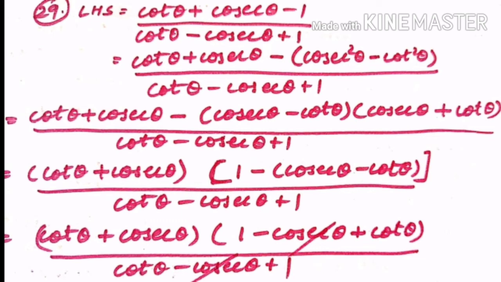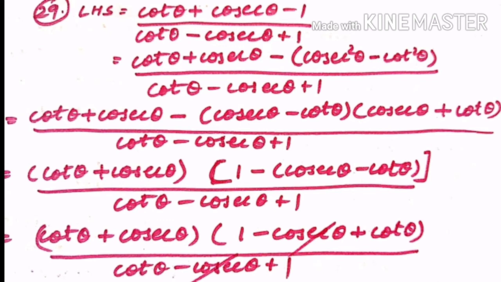For that, 1 minus (cosec theta minus cot theta) in the other bracket, upon cot theta minus cosec theta plus 1. Now cot theta plus cosec theta, the first bracket, stays as it is, then outside the smaller bracket is a minus sign. So when we open the bracket, the sign changes: 1 minus cosec theta plus cot theta, upon cot theta minus cosec theta plus 1 as it is. Now the whole second bracket is the same as the denominator.